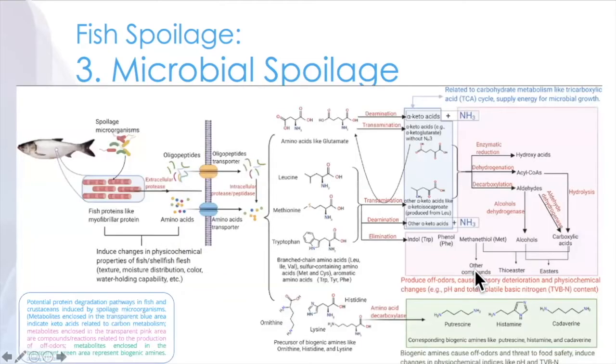Okay? This one naman, it's another complex figure, no? I'm sorry. But thanks to these notes that tell us about everything about this figure, okay? So we have here the spoilage microorganisms acting on the tissue of the fish, no? Specifically on the protein. So this one shows the protein degradation pathway, okay?